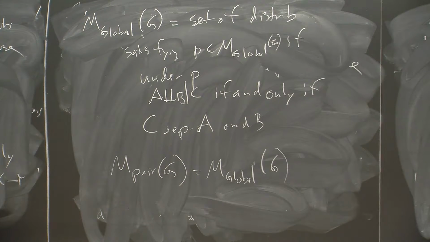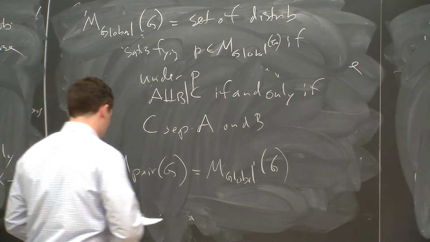So for example, you also get Y is independent of Z given W in that example. Well, not quite.